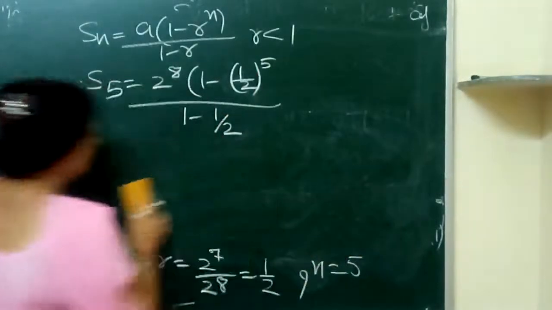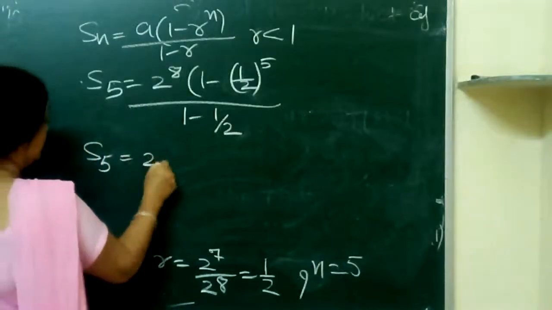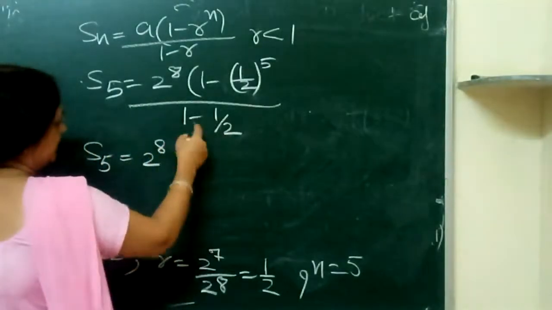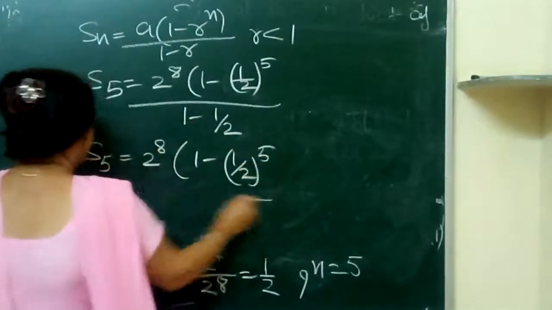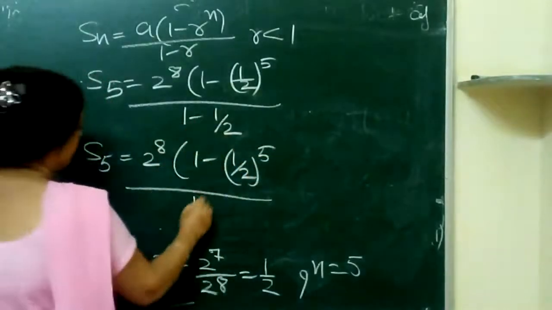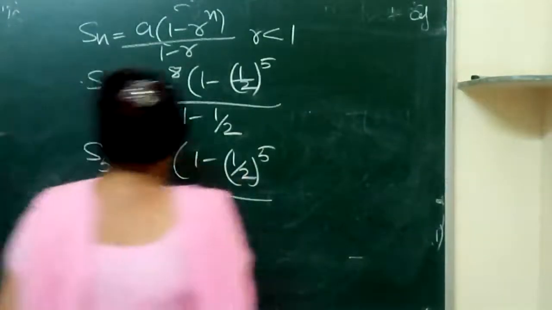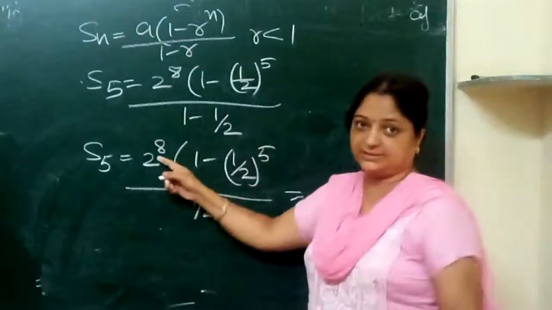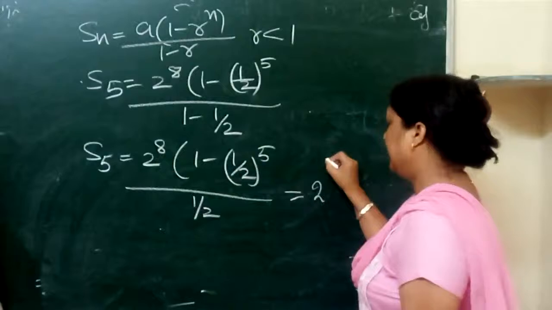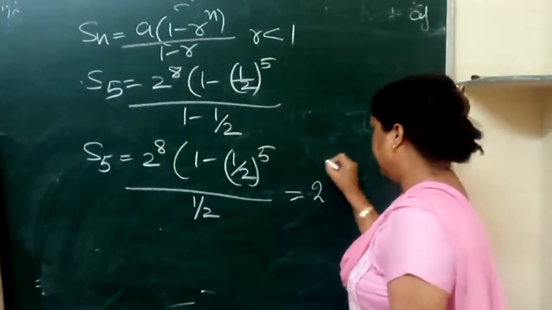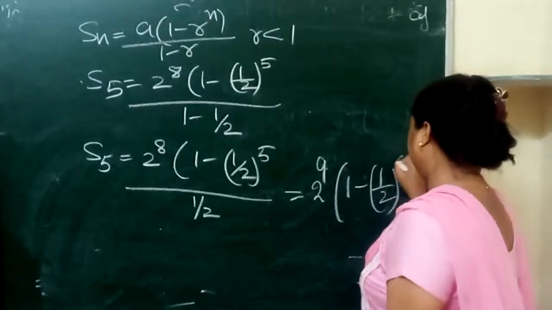After that it will come S5 equal to 2 raised to power 8, into 1 minus 1 by 2 raised to power 5. After solving this, it will come 1 by 2. In the next step, we can write this term multiplied with this term, because 1 by 2 reciprocates, so it will come 2 raised to power 9 into 1 minus 1 by 2 raised to power 5.